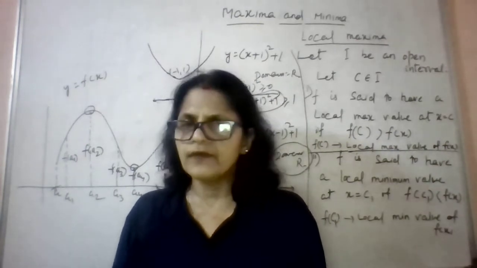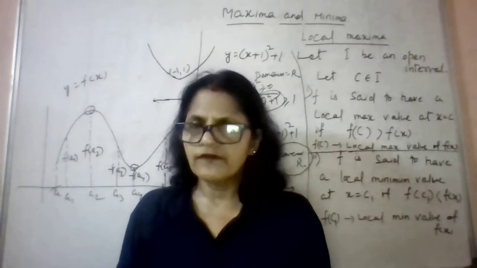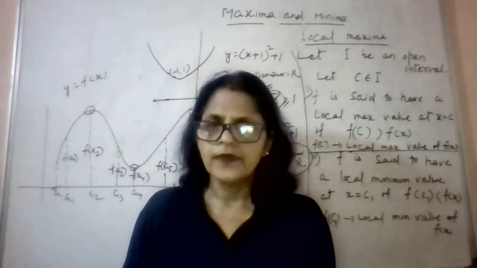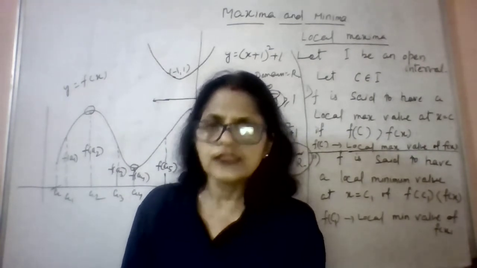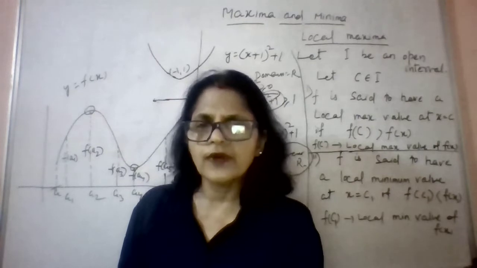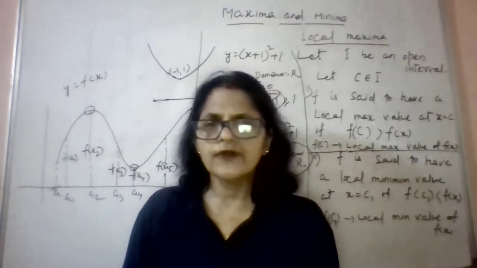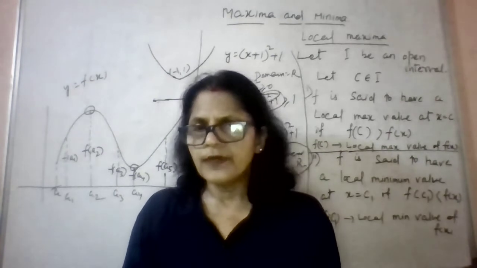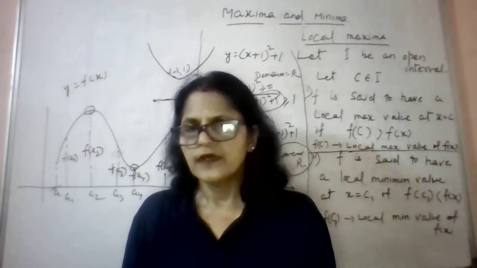The value of the function at the point of local maximum is called the local maximum value of the function, and at the point of local minimum, the value of the function is called the local minimum value of the function. Is it clear?